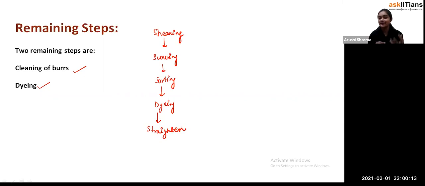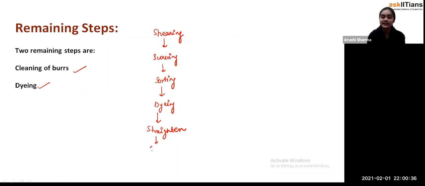Actually, sometimes it happens that I have already taught you, but while revising it just gets missed. Within a second I reminded myself that after that we do straightening, and then what else? Then we comb them, roll them, and after that we get the yarn from it, and from yarn then fabric, and then woolen clothes. So student, this is the whole process which we follow.